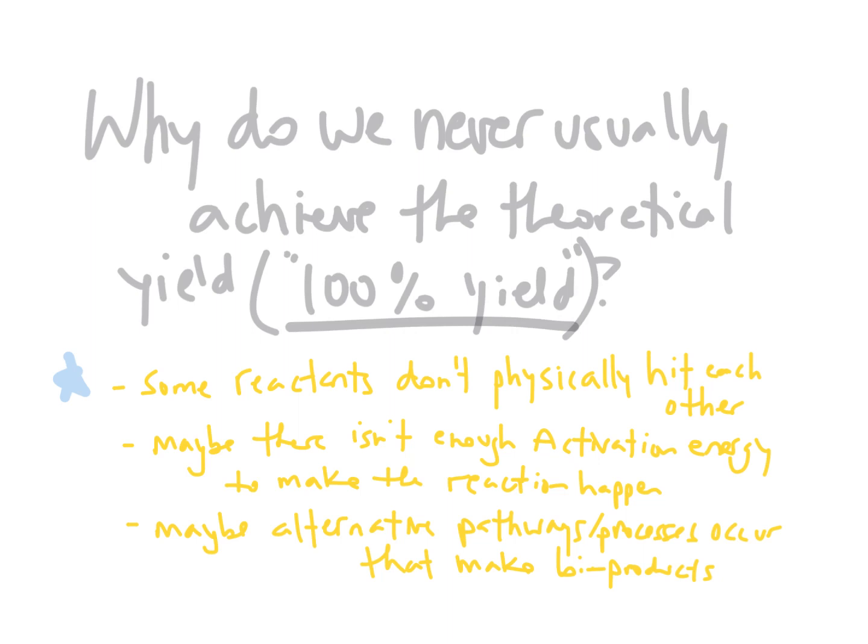We have this concept of collisions needing to happen between molecules if those molecules are going to react. So sometimes molecules don't randomly run into each other like we hope they would in order to react.